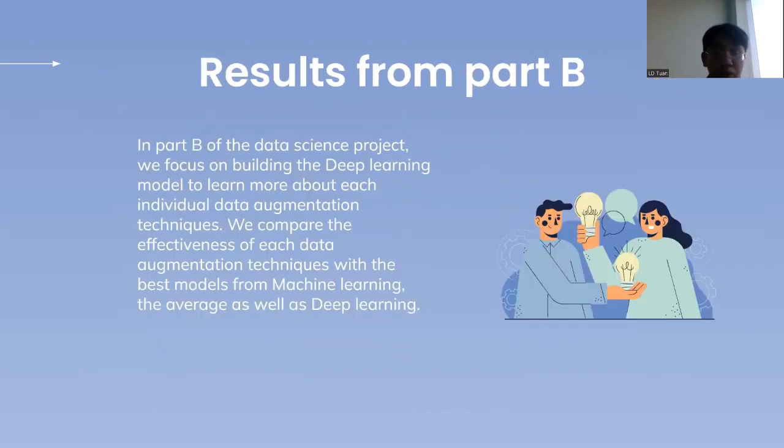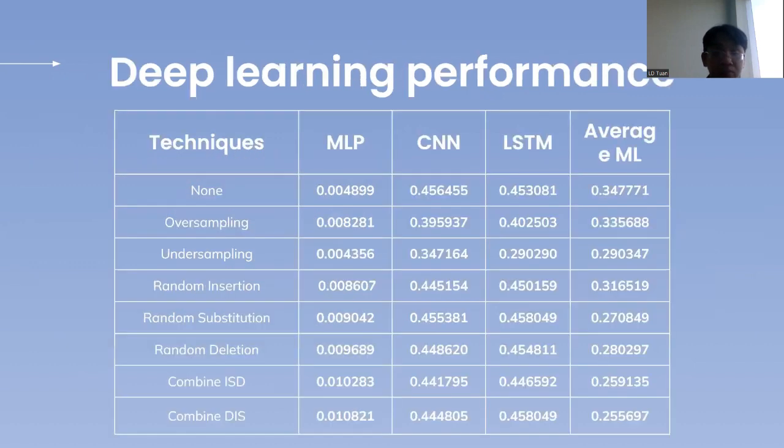In part B, we focus on building deep learning models to learn about each individual technique. We also compare the effectiveness of each data technique with the best model from machine learning and the average of the machine learning models. In this table, we can see that the MLP performs generally worse, which requires more tuning and running, fitting again to enhance the performance.